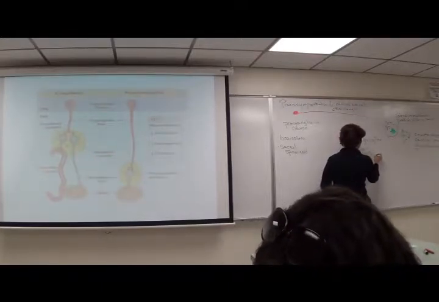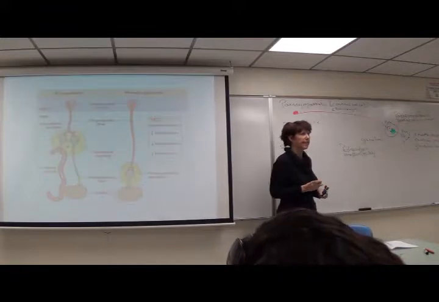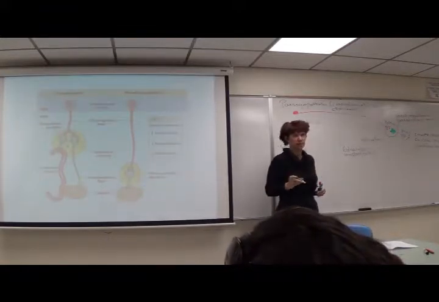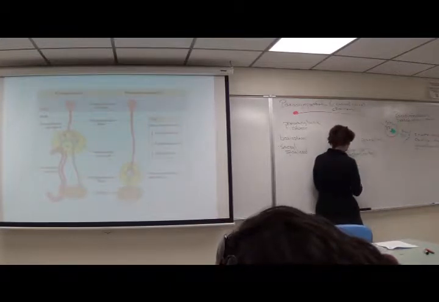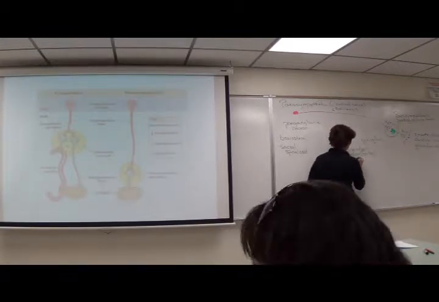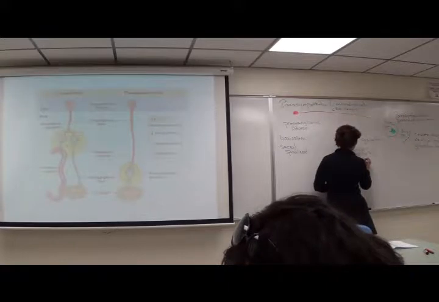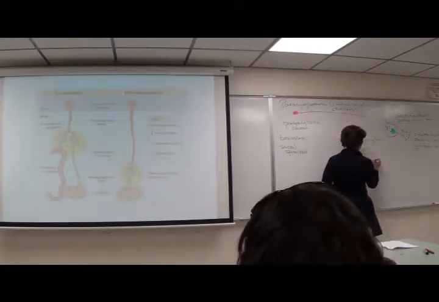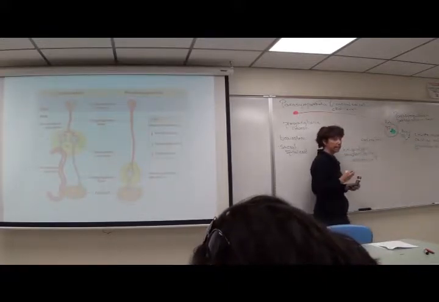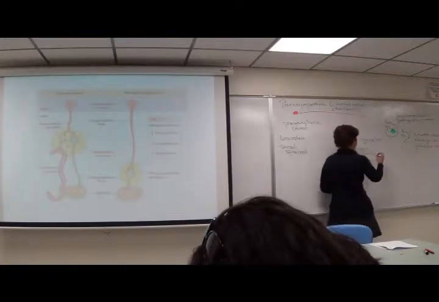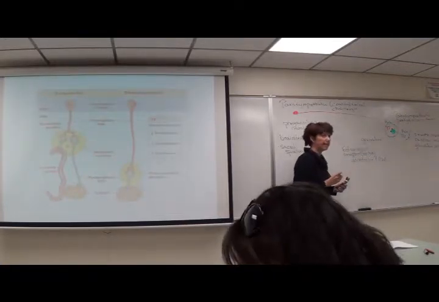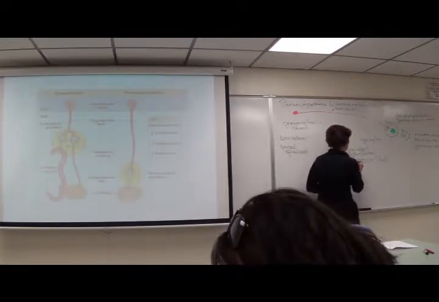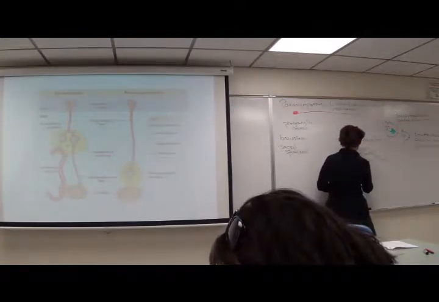these postganglionic receptors for acetylcholine, how do we classify them? Ionotropic or metabotropic? Ionotropic. These are ionotropic, and the ion that they allow to pass through is sodium. So that's going to depolarize the cell, and so this is an excitatory event.